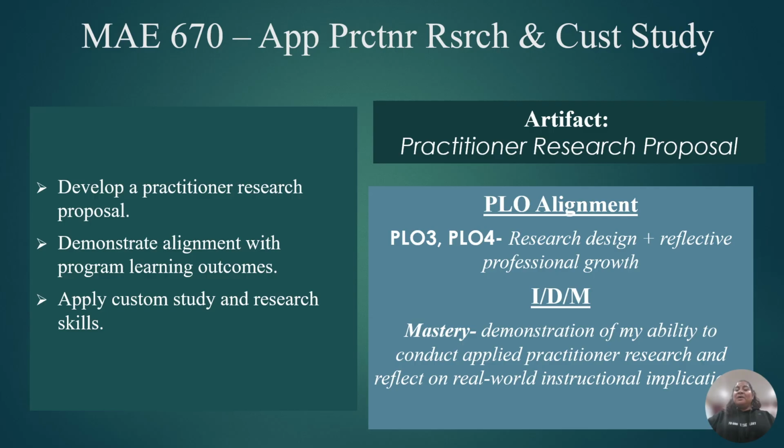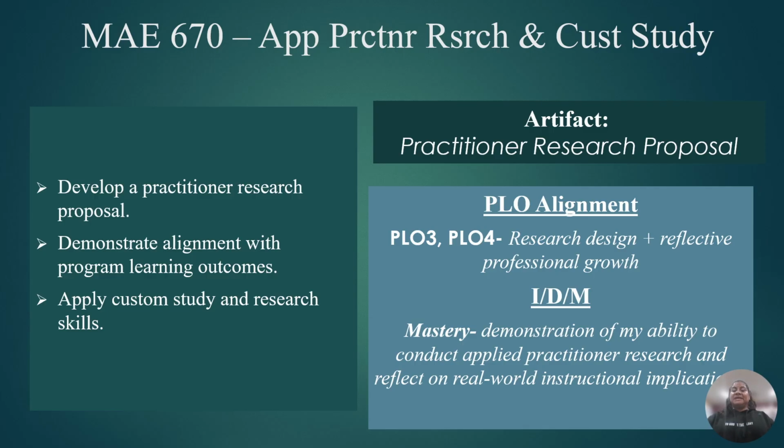At the finish line, we have MAE 670. Its purpose is to apply practitioner research and custom study to develop a research proposal, create a portfolio of digital artifacts aligned with program outcomes, and evaluate the effectiveness of the custom plan of study.